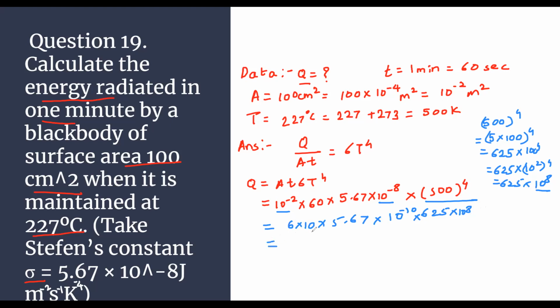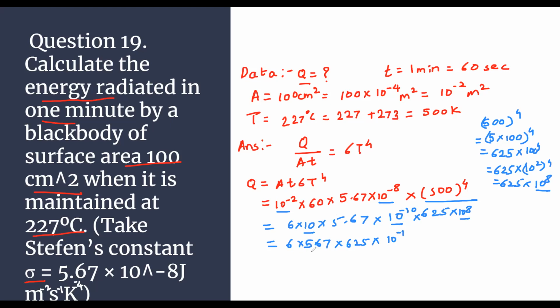Then this 10 raised to minus 10 and this 10 raised to 8, I can write as 6 into 5.67 into 625 into 10 raised to minus 1.